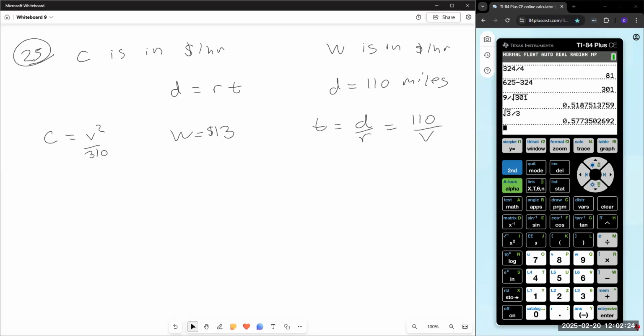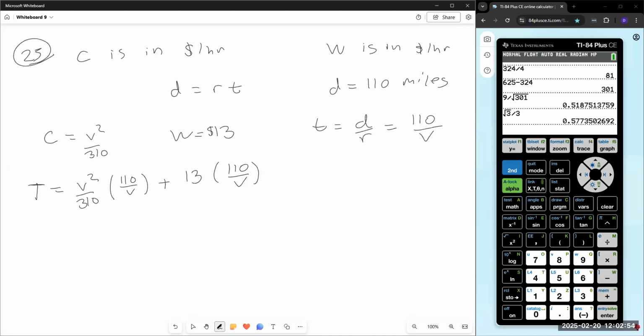So I'm going to take total cost, I'll call T, is going to be V squared over 310 times my time to get my dollars and cost for my fuel. So my time is 110 over V plus my driver's wages per hour, $13 an hour times 110 divided by V for the number of hours that he drove.